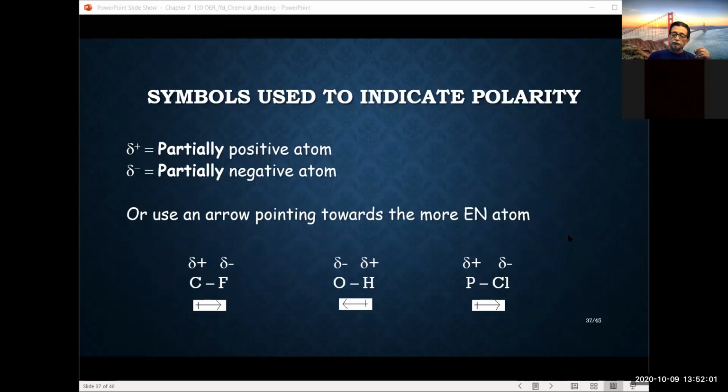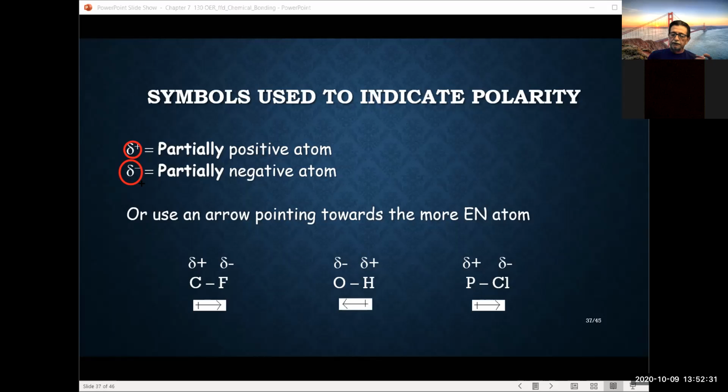Now, what we use is called the polarity arrow, and this lowercase delta, this symbol that you see here, is the lowercase Greek symbol delta, which we use to say it's partial positive.